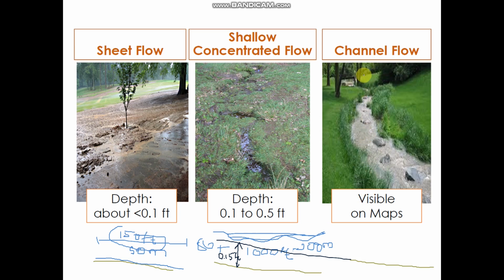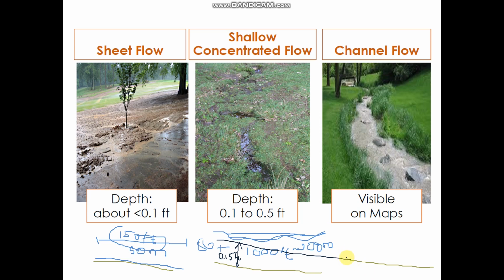You have seen this type of channel flow when the storm water runoff finally gets discharged into swales or a stream. It is clearly visible from the maps or aerial imagery.